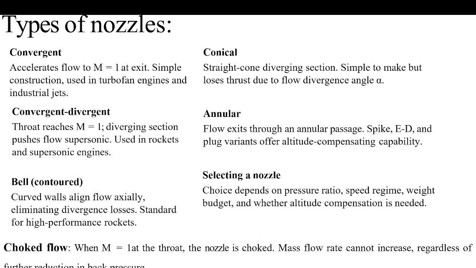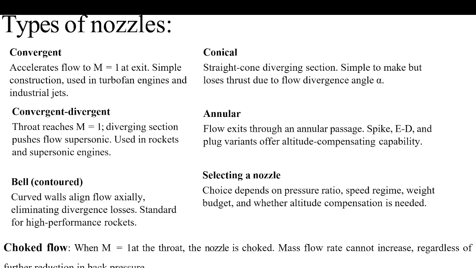When you see the convergent type of nozzle, it accelerates the flow where the Mach number is equal to 1 at the exit, and it is a very basic kind of design which can be used in turbojet engines, turbofan engines, or industrial jets.